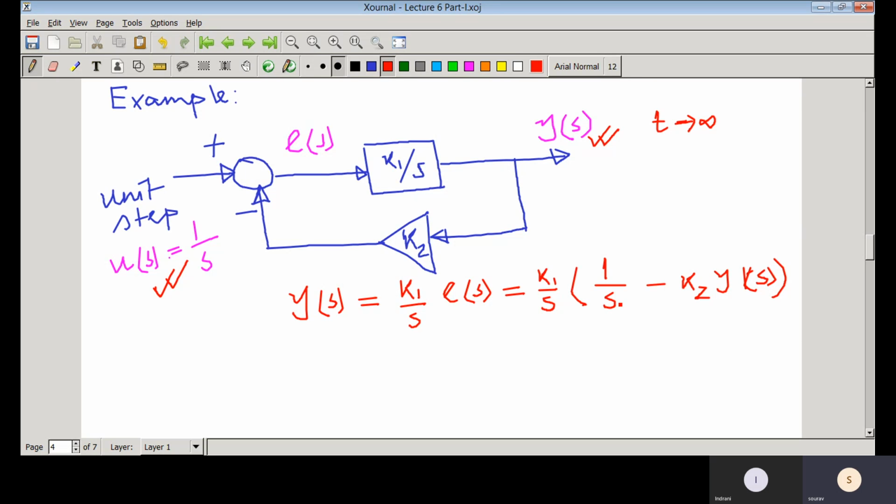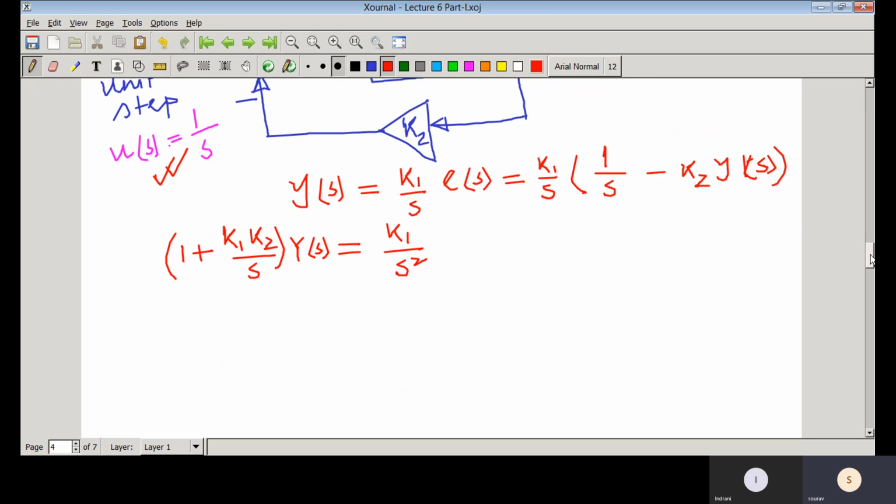Now if you simplify, taking the right hand part to the left, which is a simple algebraic equation, you get (1 plus K1 K2 divided by s) into Y(s) equal to K1 by s square.